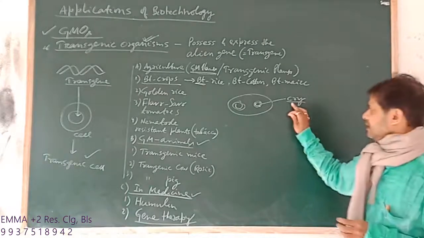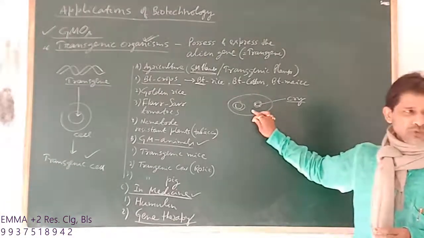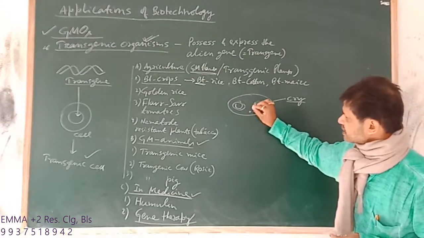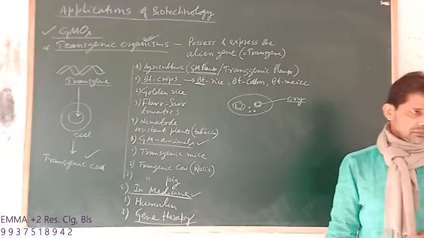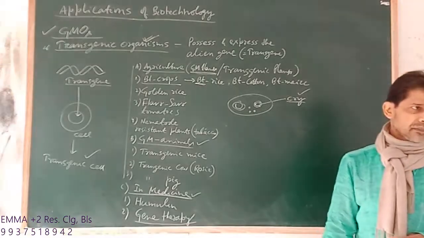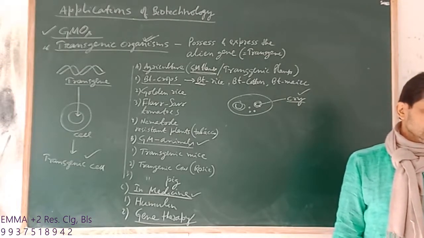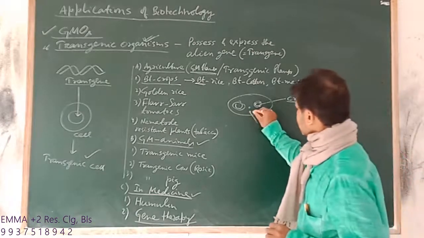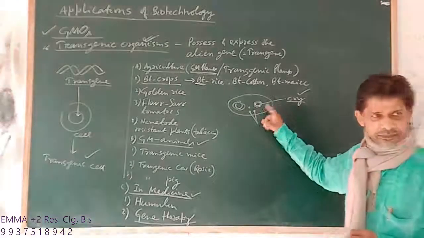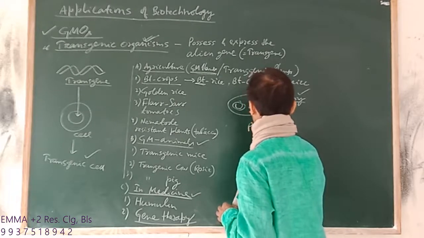So generally this gene, when expressed in the bacterial cytoplasm, produces some proteins in the form of crystals. That's why they are named crystallized proteins. Cry, crystal first three letters. So these crystallized proteins in the bacterial cytoplasm are inactive, so it is protoxin.